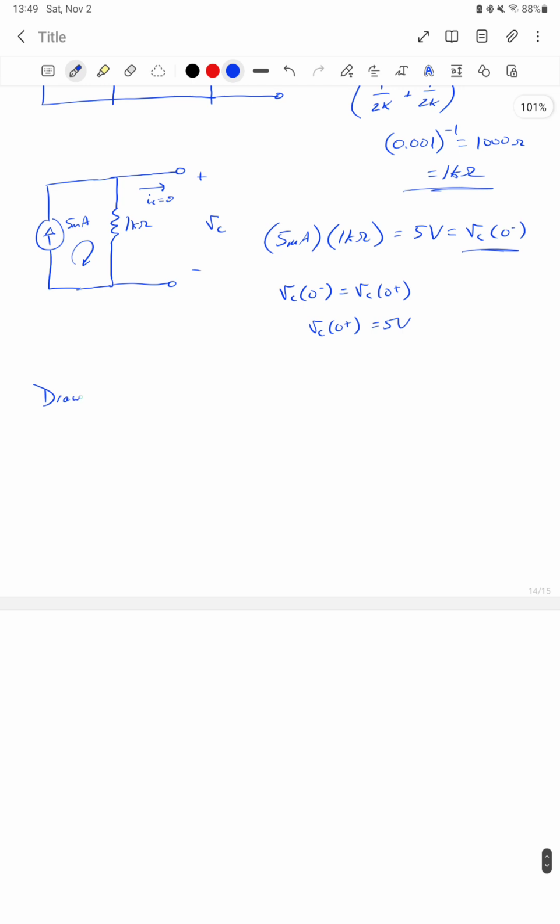So we're going to draw the t is equal to 0 plus circuit, so that we can derive our ODE, our ordinary differential equation. We'll call it a function. And that's step 1.